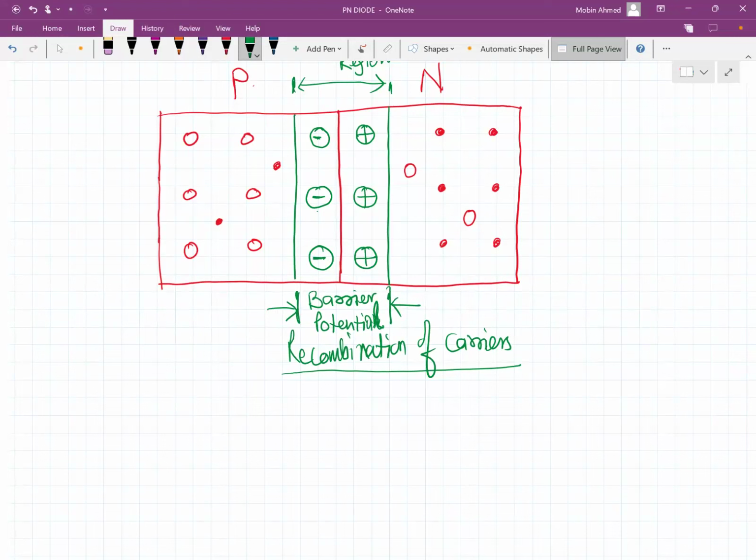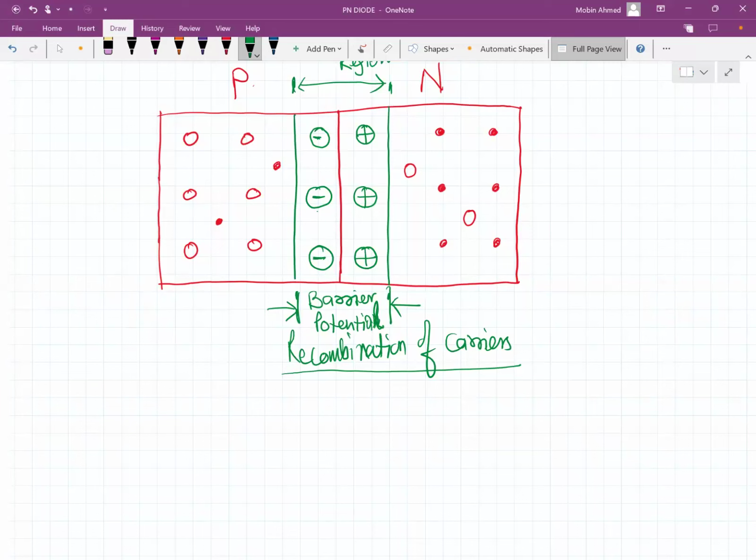This will be continued. And after the barrier potential is developed, this diffusion or recombination will stop.